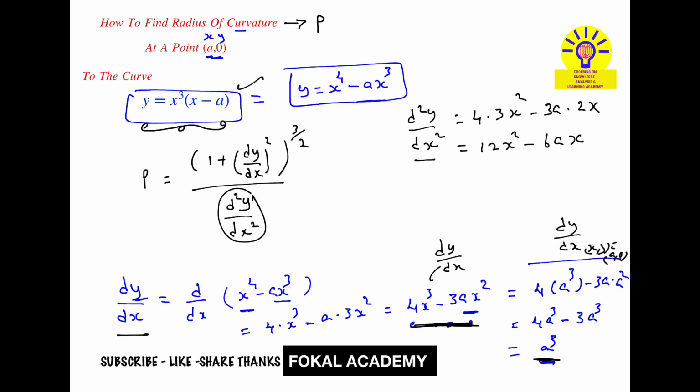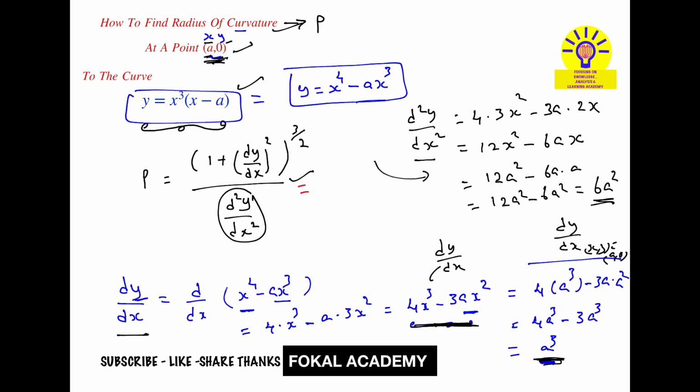We want the second derivative at this point. Now substitute this point in the equation: wherever x is there, substitute a, and y is 0. So it becomes 12a square minus 6a into a, that's 12a square minus 6a square, which equals 6a square. Initially I substitute the points here, so we can easily simplify it.